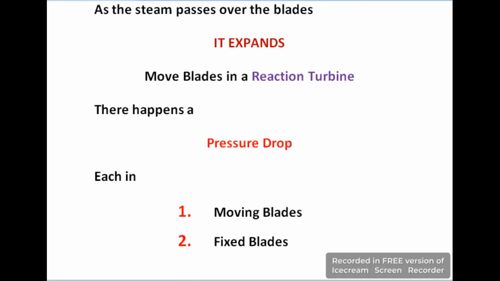According to its construction, reaction steam turbine is constructed of two types of blades: one row of fixed blades and the second row of moving blades. The fixed blade acts as a nozzle.